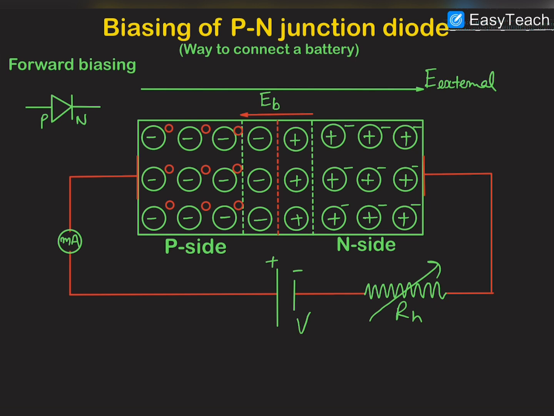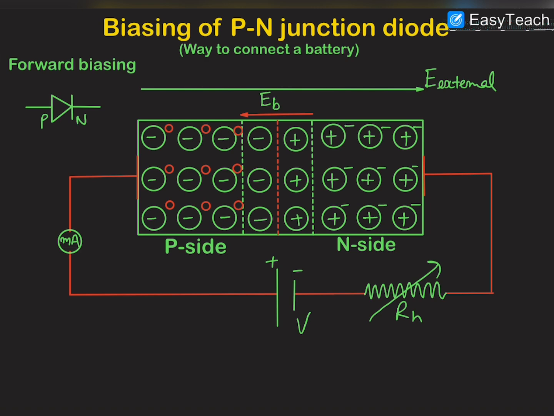The same resistance is offered by the diode also, and the junction of the diode is also offering some resistance to the majority charge carriers, because the barrier electric field at the junction is offering some resistance to the majority charge carriers. So the total resistance of the diode is the sum of junction resistance as well as Joule's resistance of the diode.